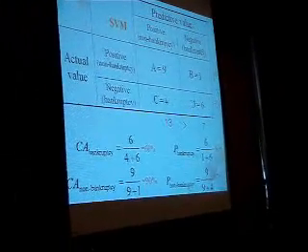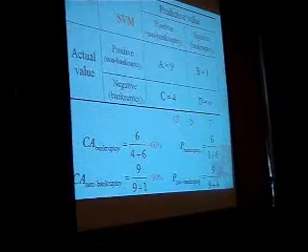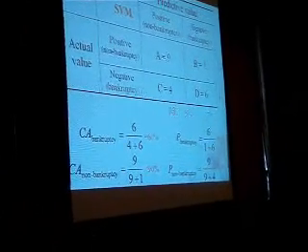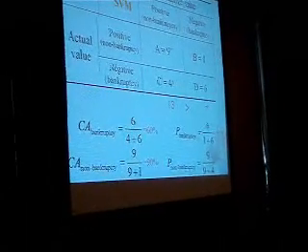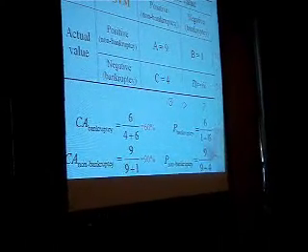Therefore, P bankruptcy is 85% and P non-bankruptcy is 70%. So SBN has a bias toward non-bankruptcy prediction.